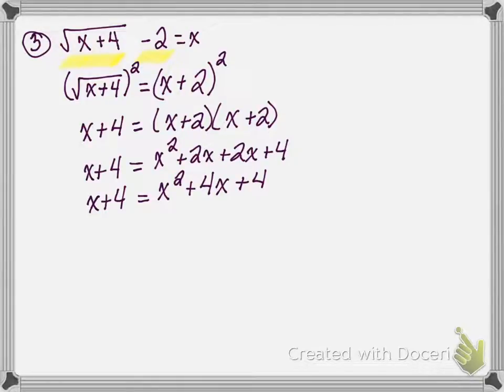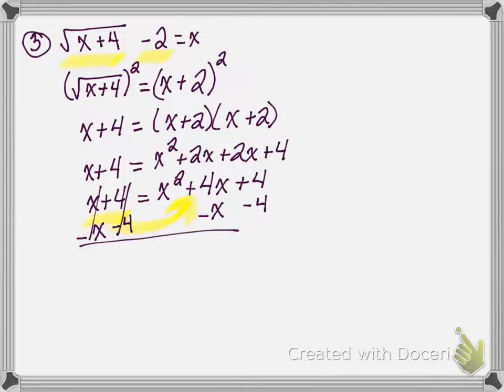So right here, we are going to subtract both of those and move those to this side of the equation. So I am going to subtract x from both sides, and I am going to subtract 4 from both sides.